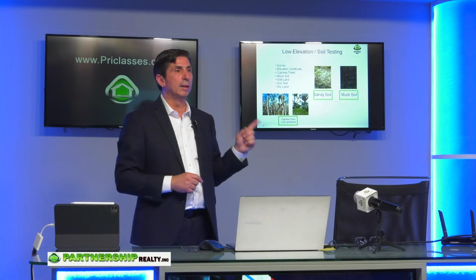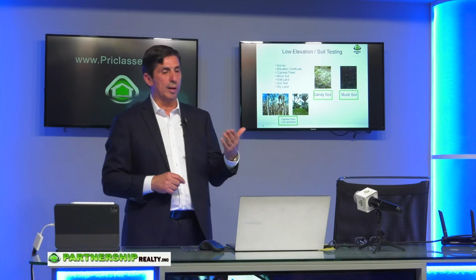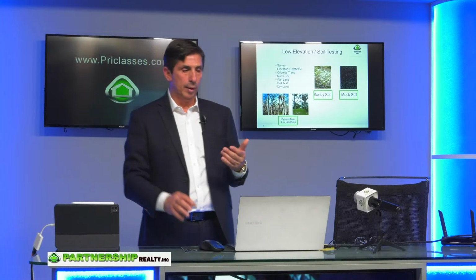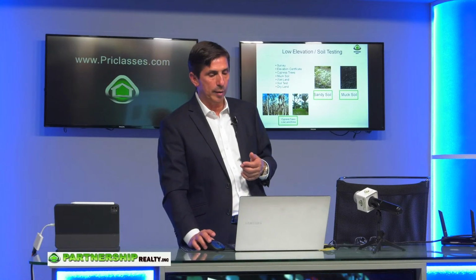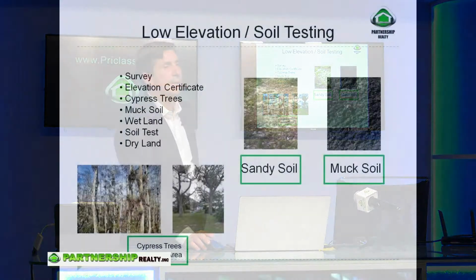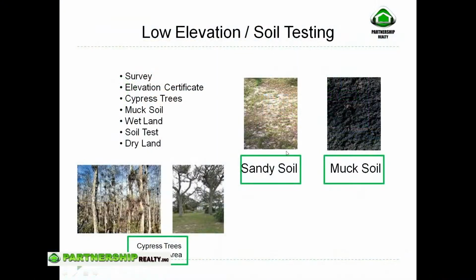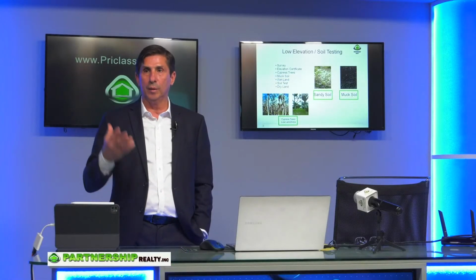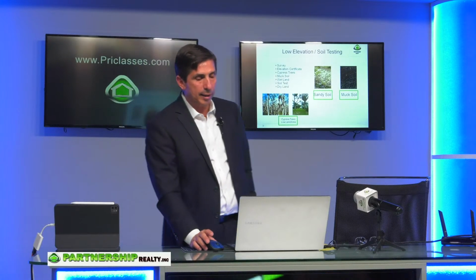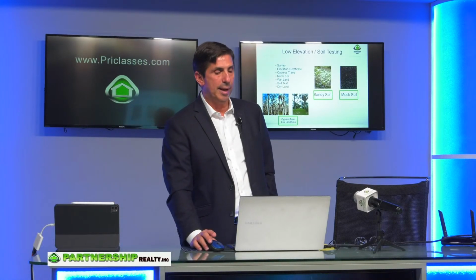Now, we've had a lot of individuals that bought land like this photo that I'm showing you right here. It's all sandy. If you look at it, you don't have nice thick green grass on it. Why? Because it's got no nutrients, no soil, no water. And what do plants need? They need soil, they need water, and they need the sun. Muck retains all that, but not the sand.